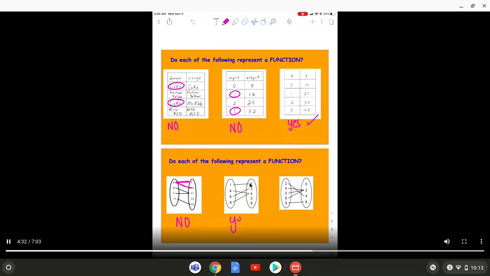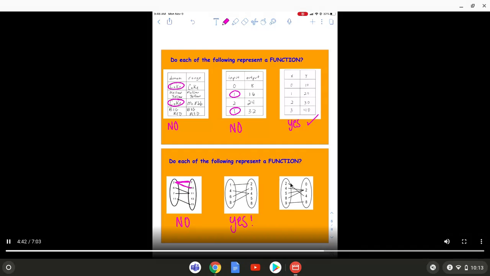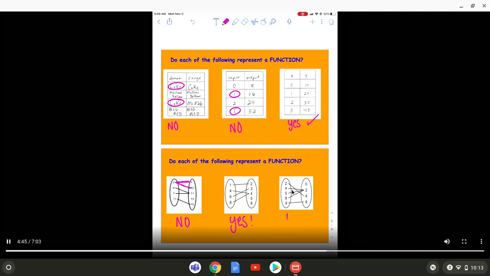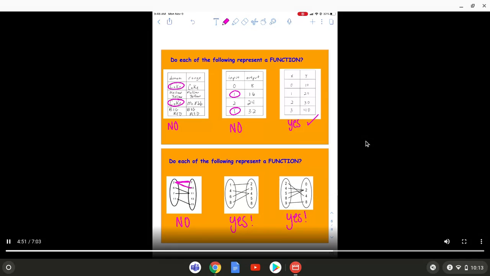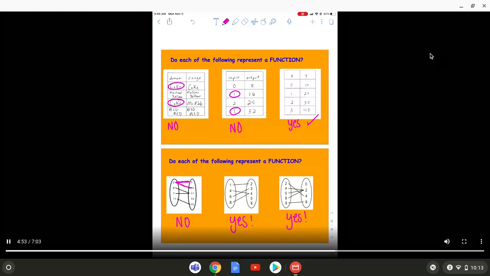Looking here, I see 1 only has one output, 4 only has one, 6 only has one, and 8 only has one. So that is a function. Over here, 2 has an output, 4 has one, 5, 8, 9. They all have only one output, so this is also a function.